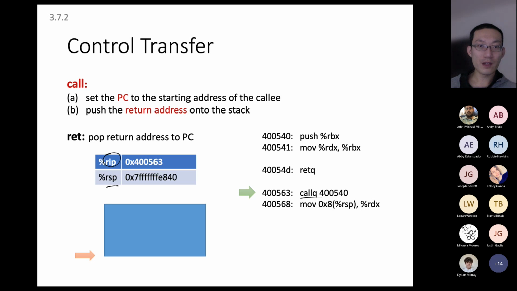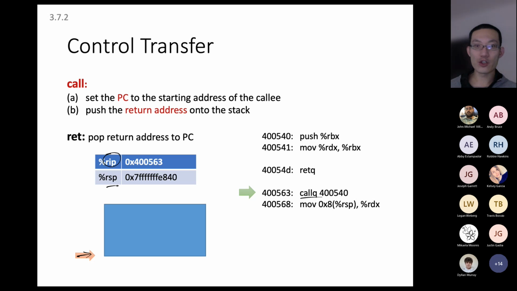It has a value of FE840. Let's say it's right now pointing to here. This is the top of the stack. RSP is a pointer, so we can find where the stack is right now, or the top of it. Stack pointer.